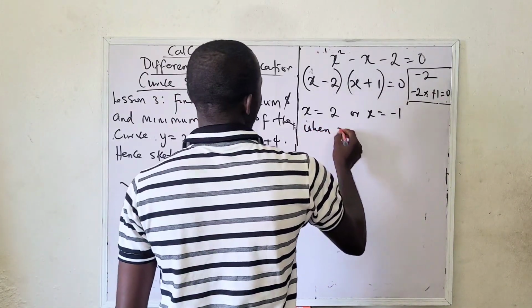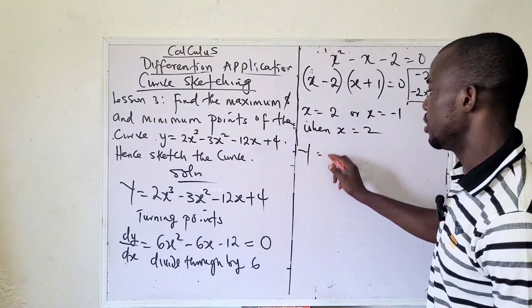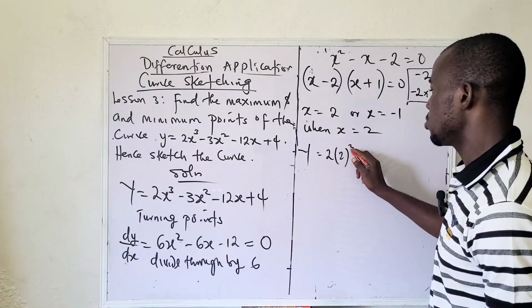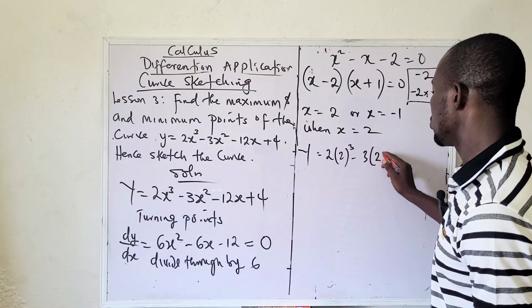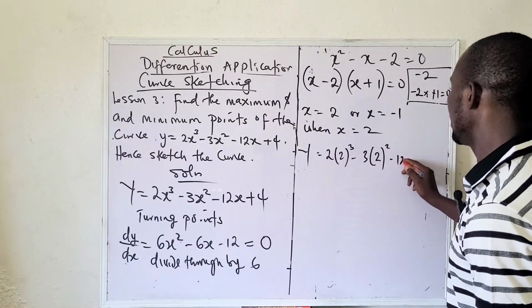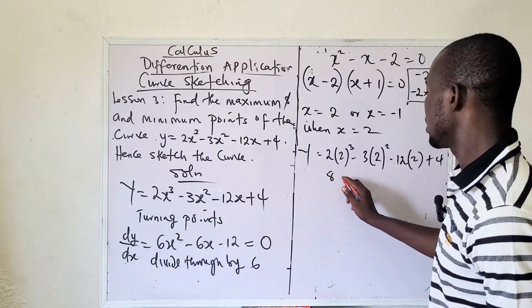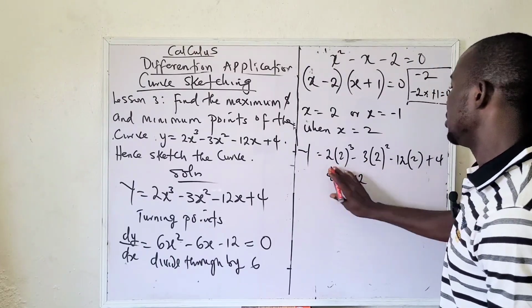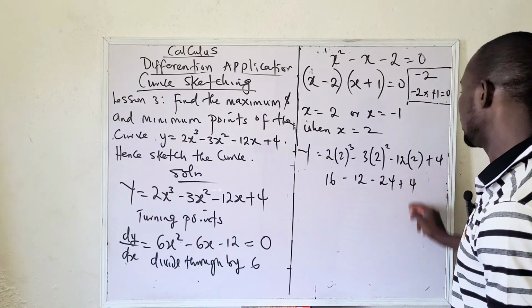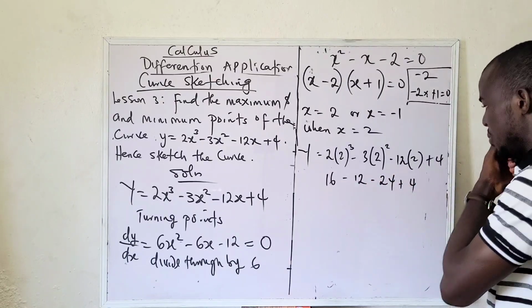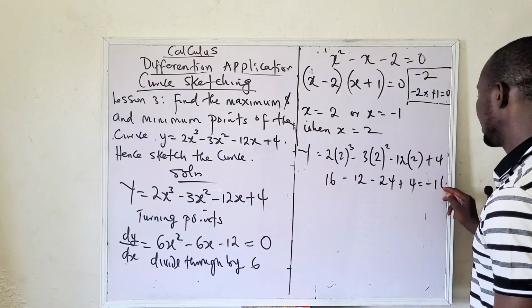When x is 2, our function y will be 2 times 2 cubed minus 3 times 2 squared minus 12 times 2 plus 4. This is 16, this is 12, this is 24, and this is 4. That will be negative 16, right?